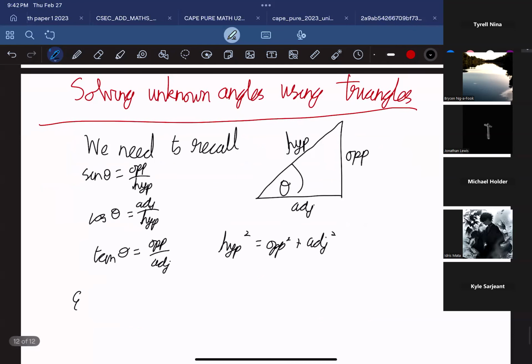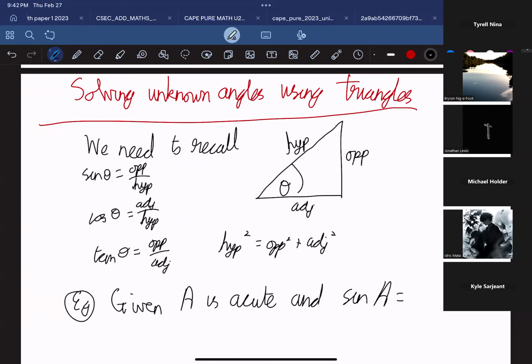So what do I mean? For example, given A is acute and sine A is 4/5, find the value of cos A. What does that mean?